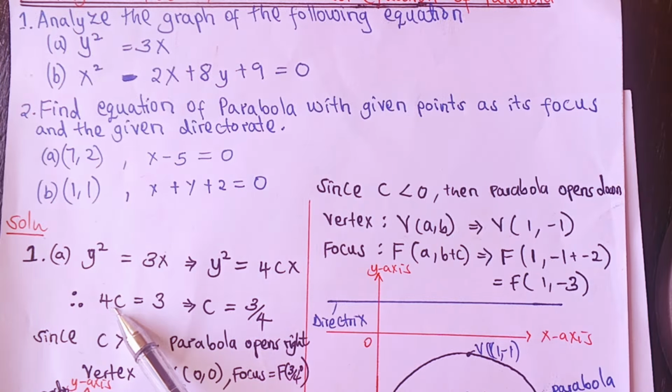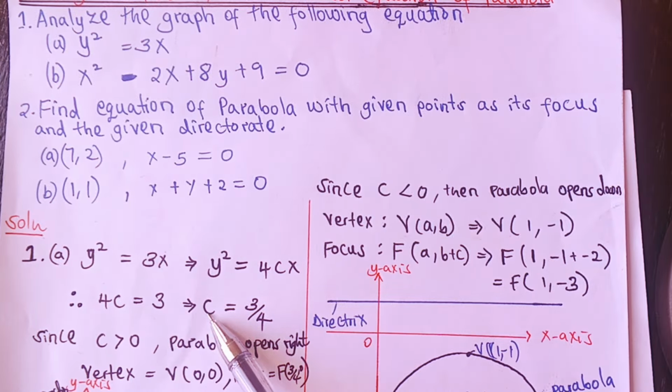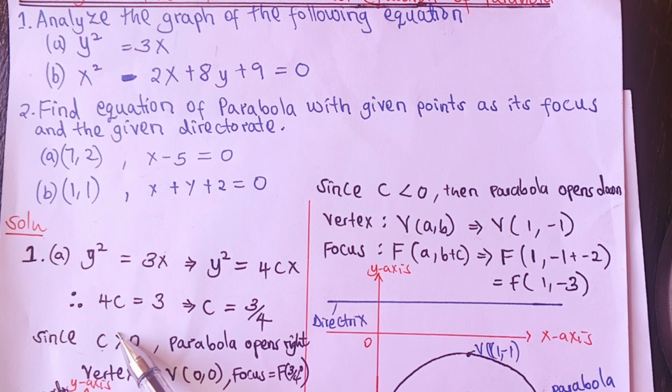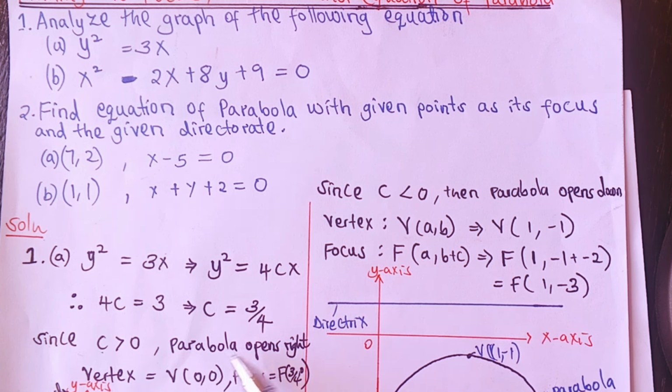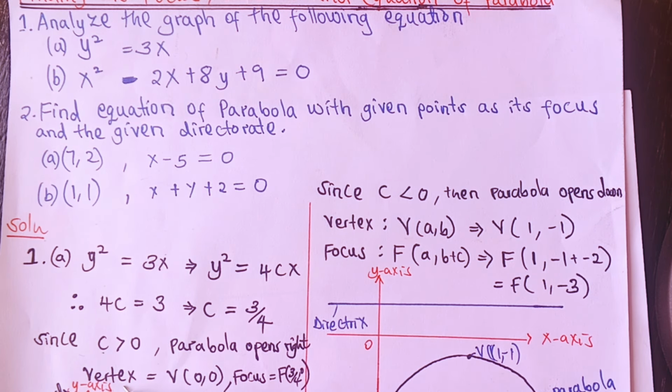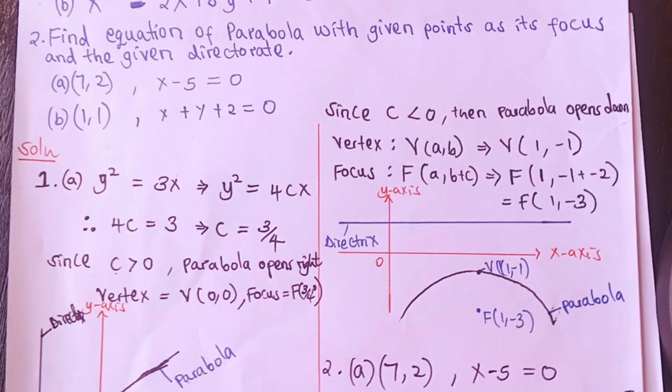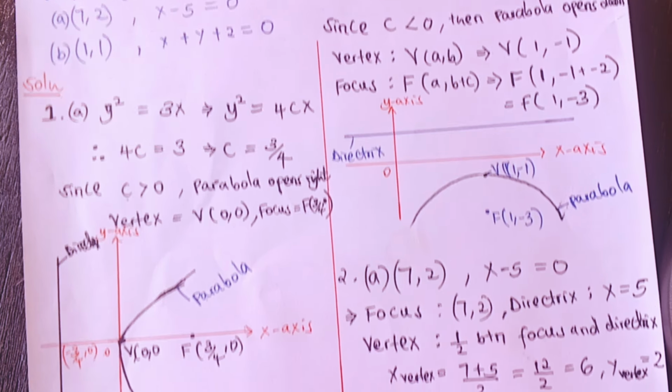That's why we say 4c is equal to 3, meaning c will be 3 over 4. Since c is greater than 0, the parabola will open right.